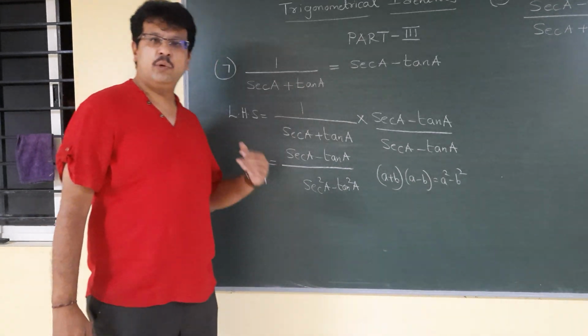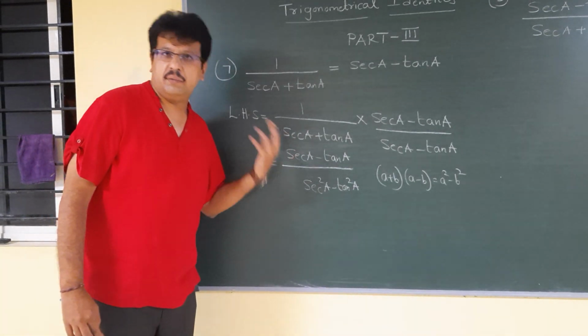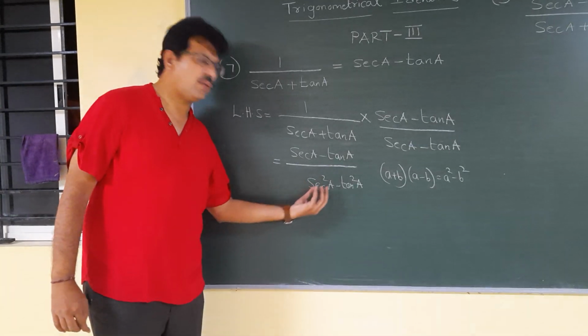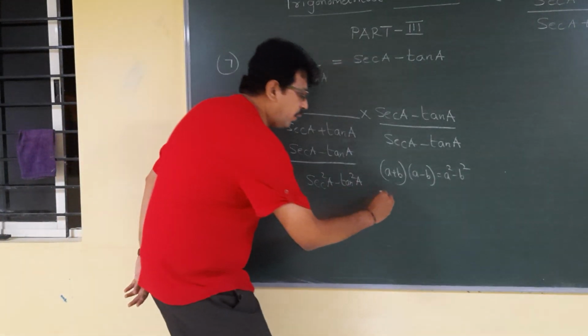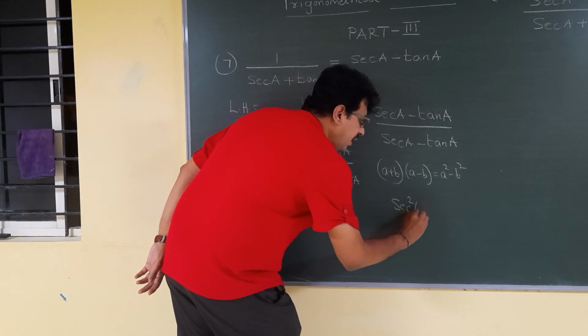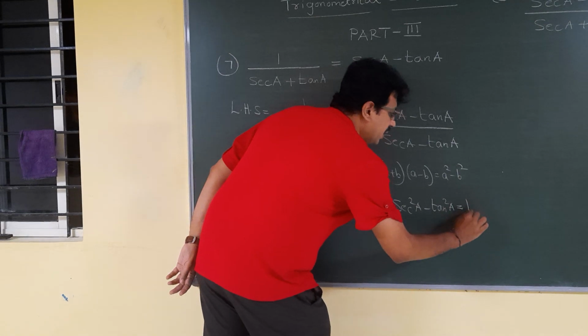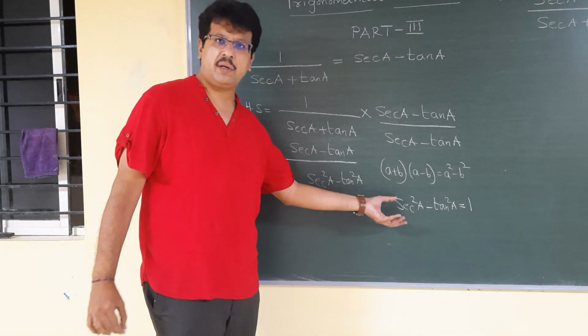So you should come back again to the trigonometrical identities. What is secant square a minus tan square a? You should know that secant square a minus tan square a is equal to 1. This is a trigonometrical identity.